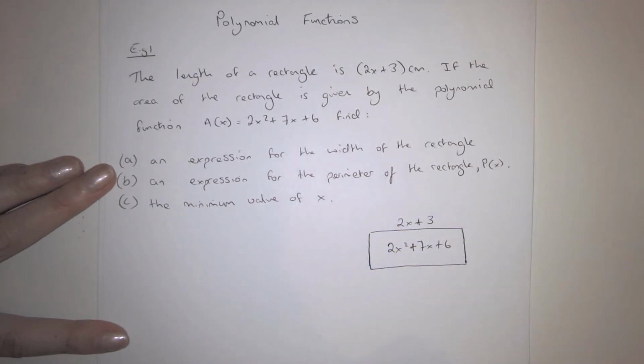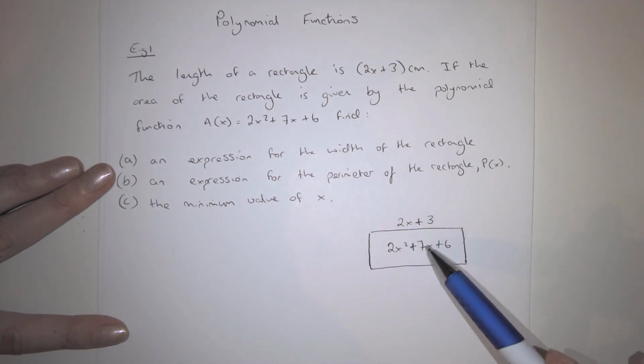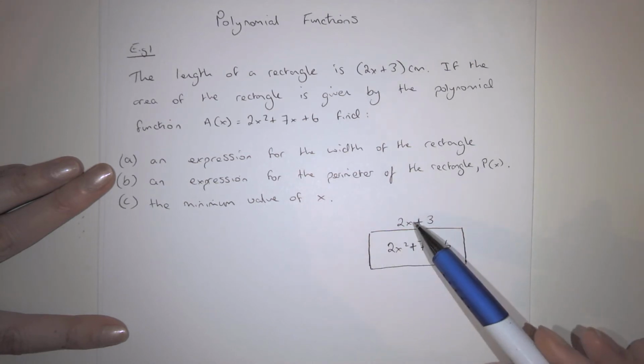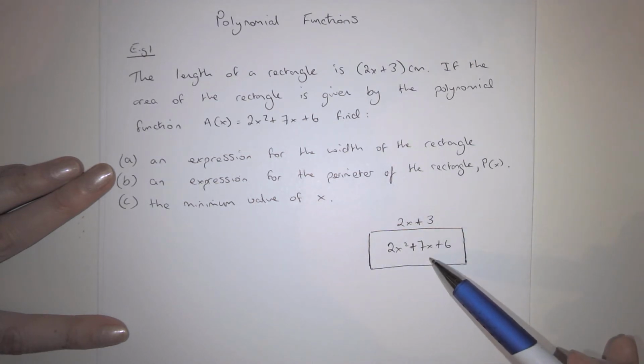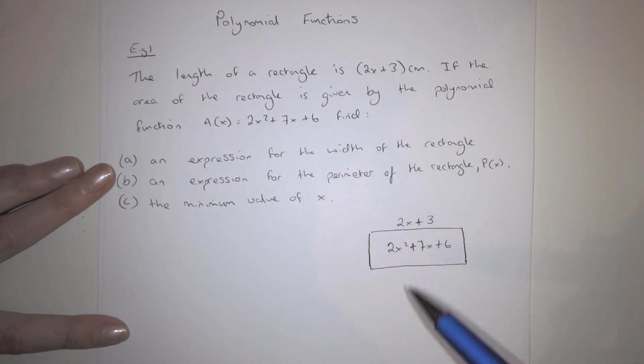Okay, so one thing I like to do if I get a little bit stuck, especially in a question like this where there's x's, is think: I know I could do the question if it was just numbers. If I'm thinking about a rectangle with just numbers and I knew the length and I knew the area, how would I get the width? I divide the area by the length to get the width.